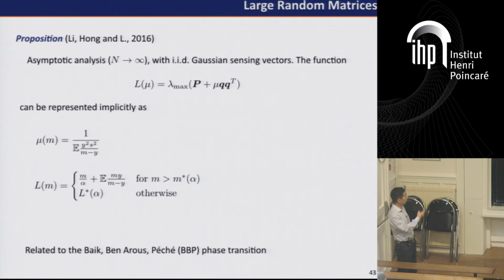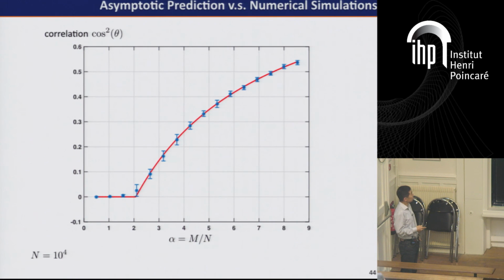There is an implicit formula for computing this function, and it has a phase transition behavior, related to the BBP phase transition, where the leading eigenvalue can, under certain conditions, jump out of the bulk spectrum. Here are some simulations, and the red curve is what we get analytically, which verifies this result.